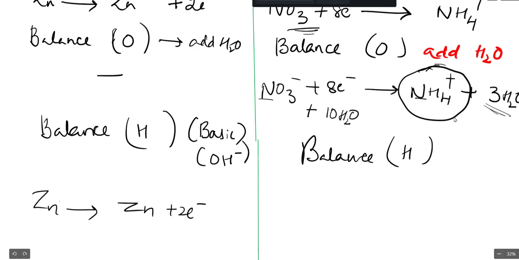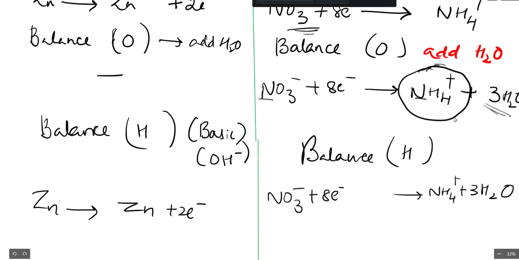Let us understand. Before giving this content, I'll give you a small piece of information. Just see, and after that you will understand this. Let us come back. First, what we will do? We will write the reaction here. NO3 minus plus 8 electrons are done. Right. So NH4 plus is here, plus 3 water molecules are here. Done.